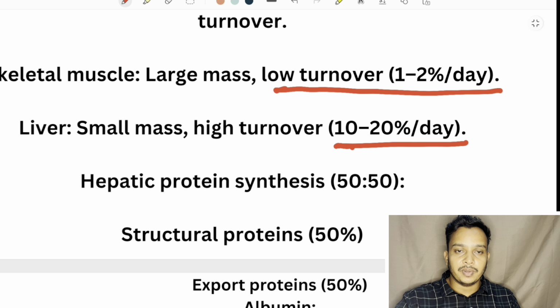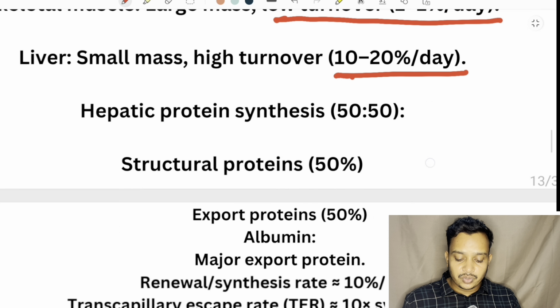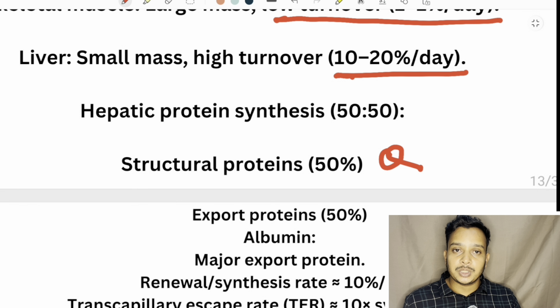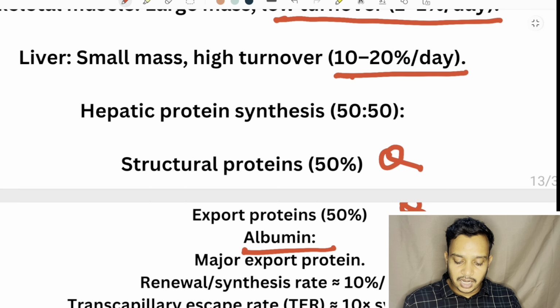What is this 50-50% state? It leads to the formation of structural proteins, which are 50%, and export proteins, which are the other 50%. So the liver forms structural proteins required for skeletal muscle formation or any kind of body buildup, and also export proteins involved in transport, such as albumin.